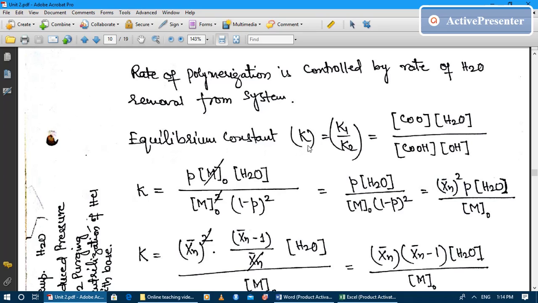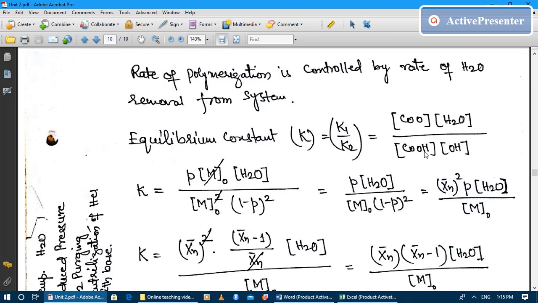Now the equilibrium rate constant, capital K, is the ratio of the forward rate constant to the backward rate constant, and this is the concentration of the polyester multiplied by the concentration of the water over the concentration of the reactants, meaning carboxylic group and hydroxyl group. In place of the concentration of the polyester, we can write P M naught, and we are not converting the water in terms of the generalized monomer term M and P; we are leaving it as it is.